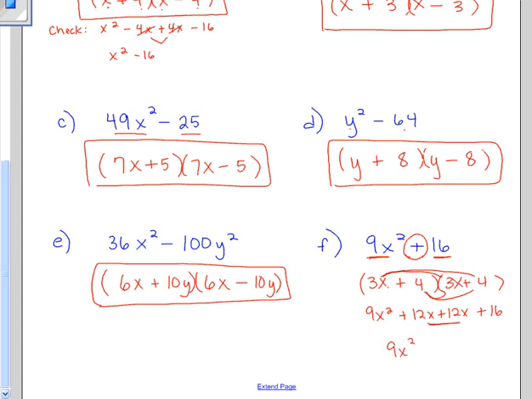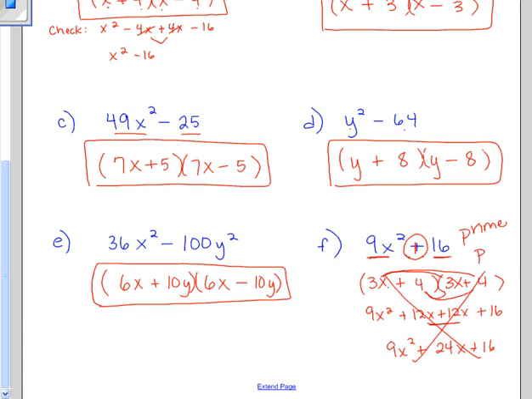So I would end up with 9x squared plus 24x plus 16, which is not what we started with. So this is why it must be the difference of two squares. This has to be a subtraction sign. So this one would be prime, or we would say that it cannot be factored, which I believe on your homework problems you type a P or an N for no solution.